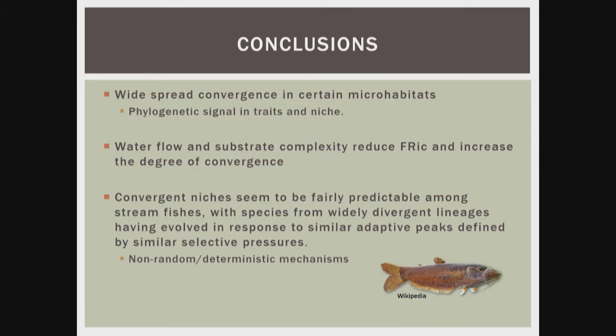And so this shows that convergent niches seem to be fairly predictable among these stream fish, with species from widely divergent lineages having evolved in response to similar adaptive peaks defined by similar selective pressure. And this suggests that there are some kind of non-random or deterministic mechanisms influencing these assemblages. So it's not all purely random.